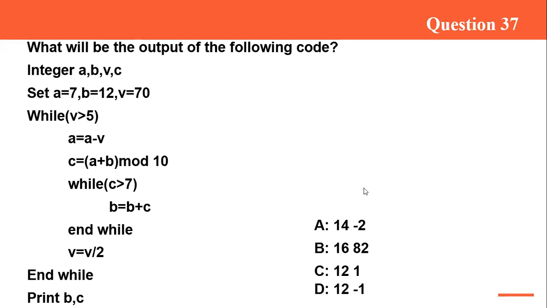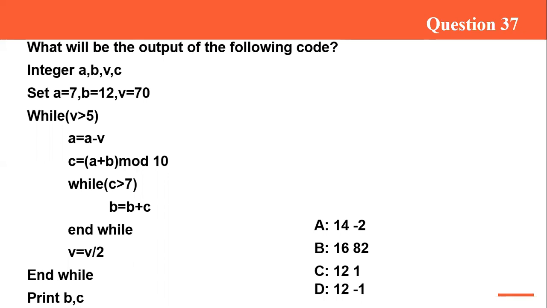Okay, what happened? Still doing it. 12 minus 1. Sir, what will be the value for minus 51 mod 10? Minus 51 mod 10, we have to consider minus 51 divided by 10. What will be the quotient? 50. Yeah, minus 1 is the remainder. We should consider minus 1 here. So the answer is C, everyone.